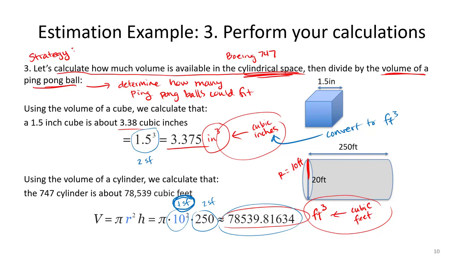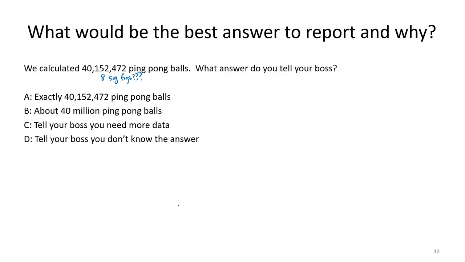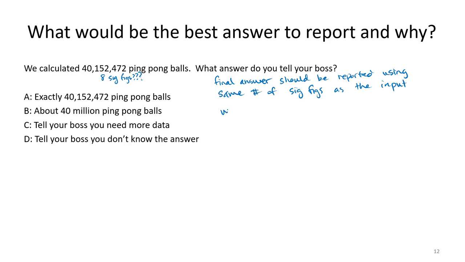So if we go purely based on significant figures rules in our estimate, the final answer should only be reported using the same number of significant figures as the input with the lowest number of significant digits.